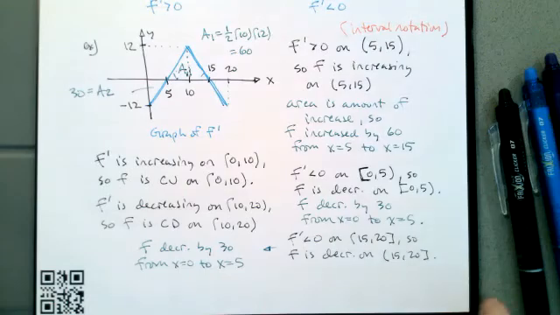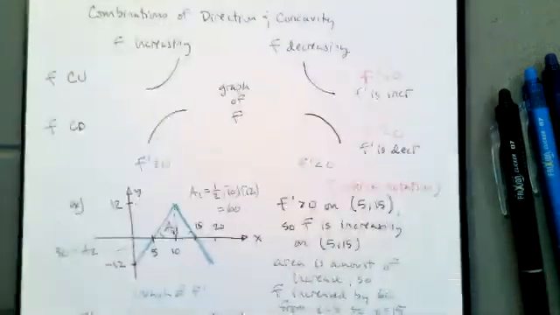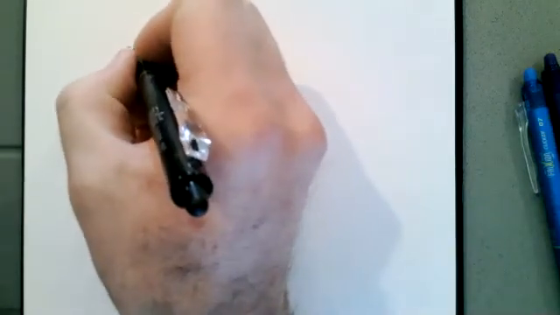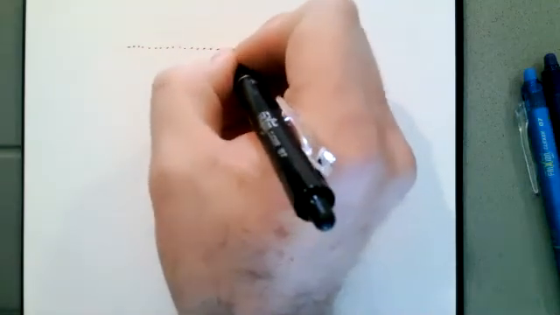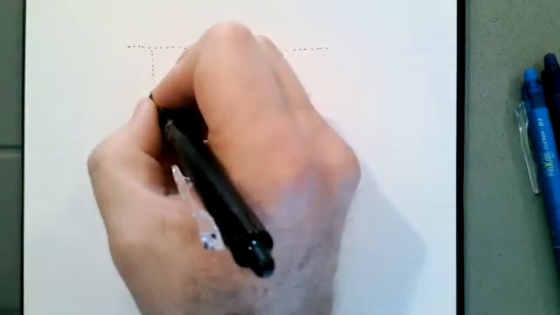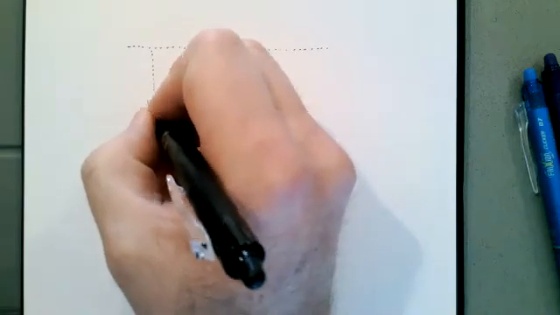So if we were to draw this, we're going to start and end at the same place. So whatever happens, wherever we start here at 0, I suppose I can just draw the y-axis here.